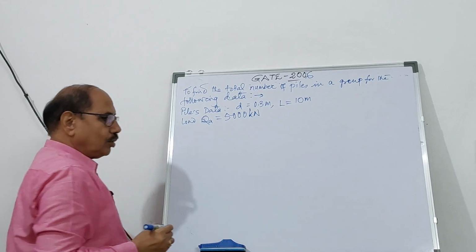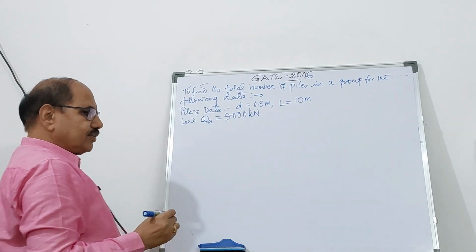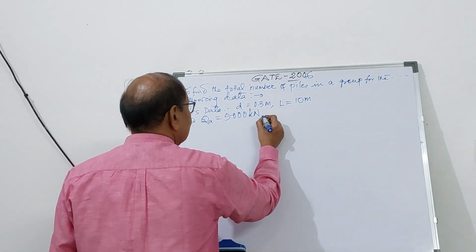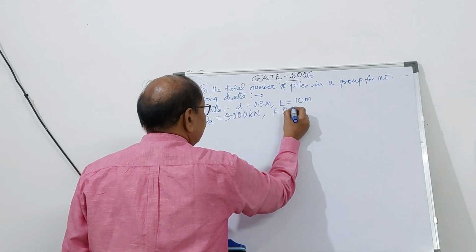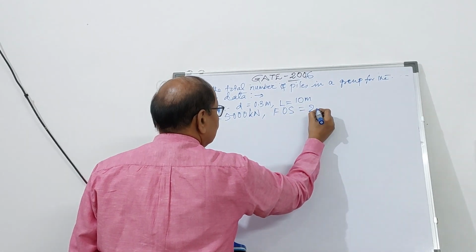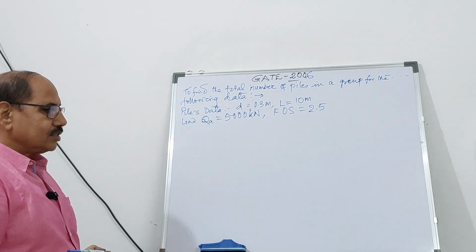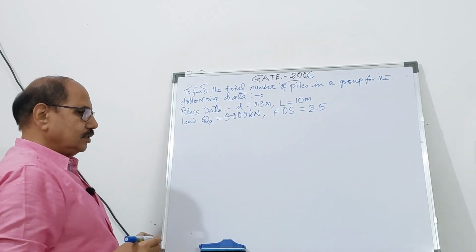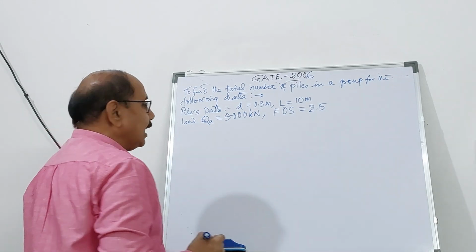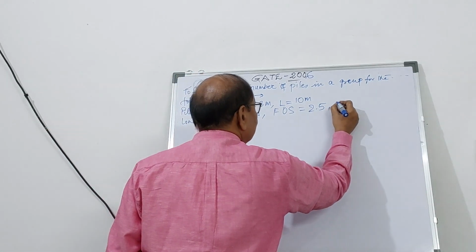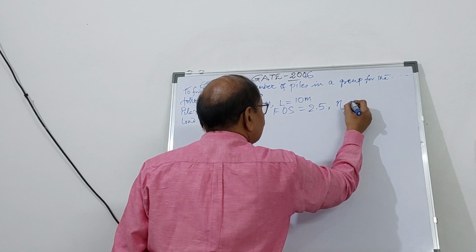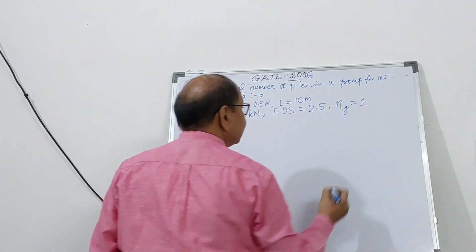So you have the load also, and the factor of safety, FOS, is given equal to 2.5 as per IS 2911. And the efficiency of the pile group is taken as 100%, that is 1.